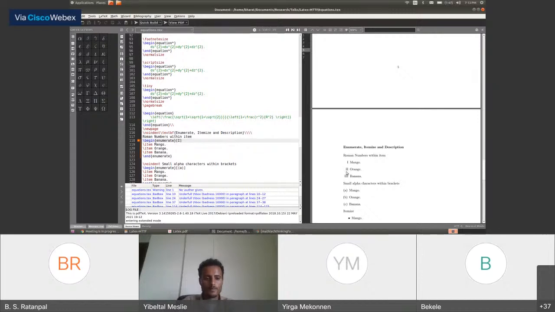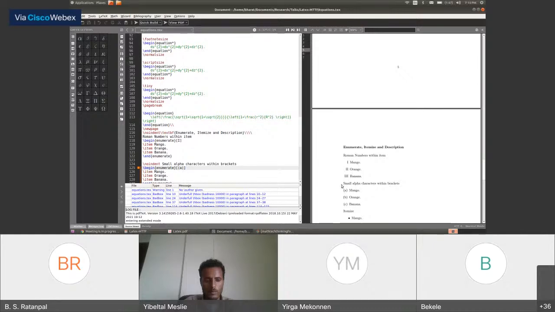So this will give me the Roman numerals: 1 mango, 2 orange and 3 banana. Within enumerate, you need to write slash item and then the description of that particular item. Instead of Roman numerals, if you want to use small alphabets, you can write small a within brackets.